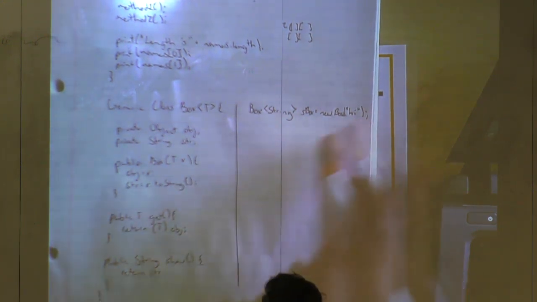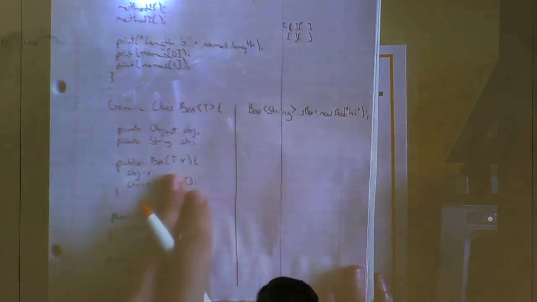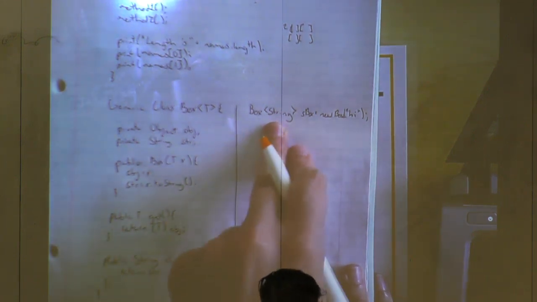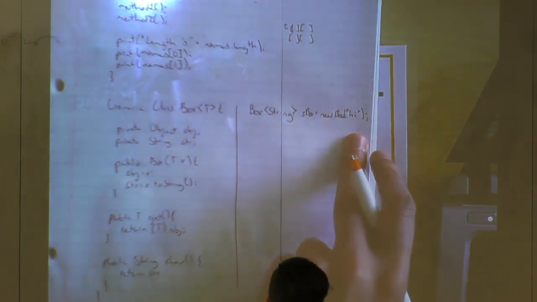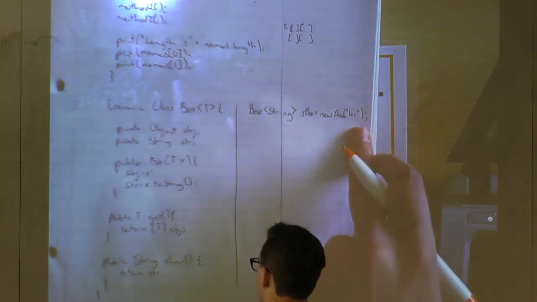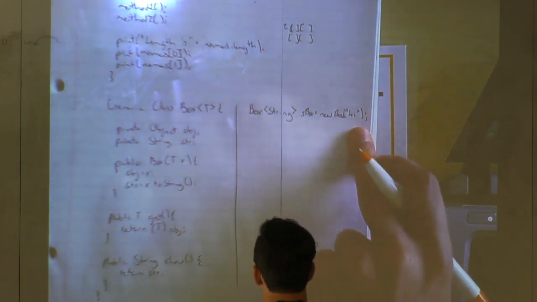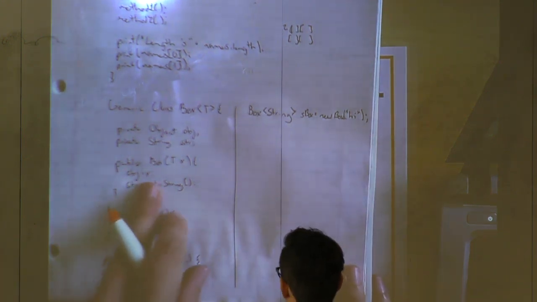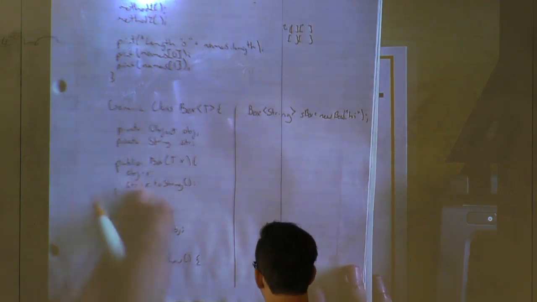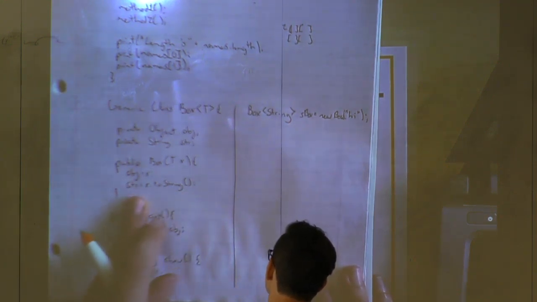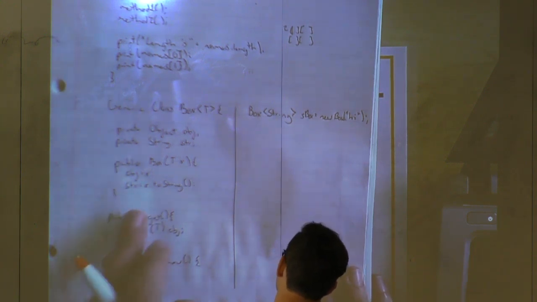So this constructor is expecting an input of type T, and in this case, I've selected type T to be a String. So when this actually runs, it's going to expect a string. And so I've appropriately given it a string as input in the constructor. And then it will assign that string to object, and then it will also call toString on that string and assign it to string, which is fine. We just have two of the same thing.